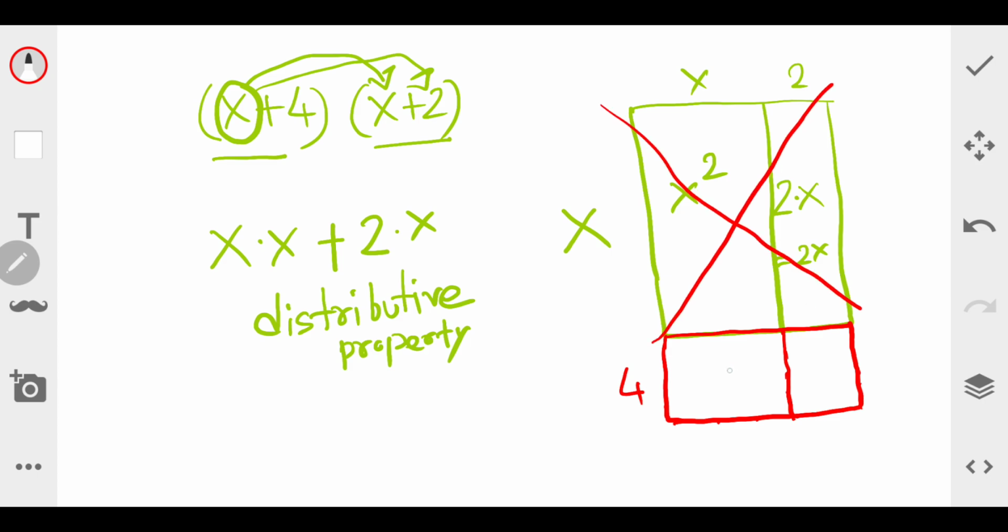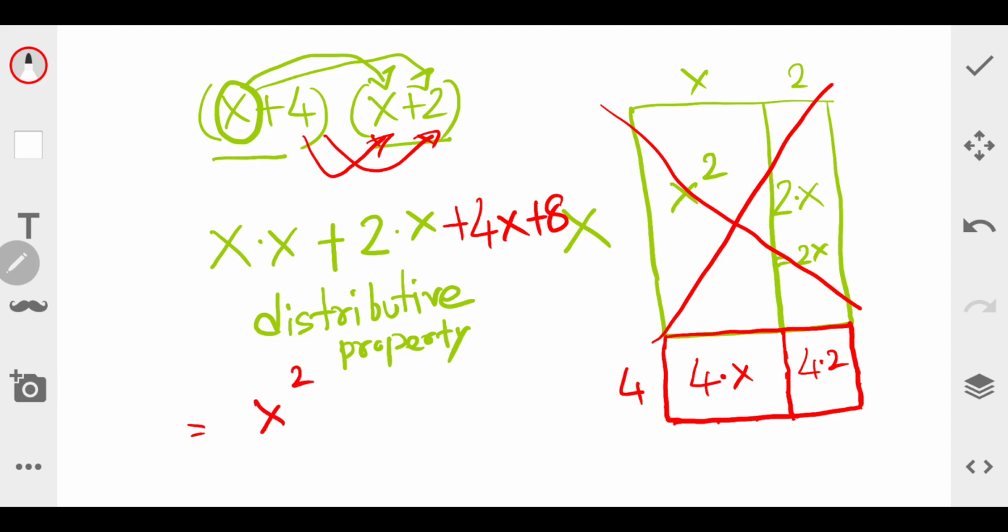Now we're going to do 4 times x, and then we're going to do 4 times 2, right? So let's write them together. We are doing 4 times x, which is 4x, and then 4 times 2, which is 8. If we simplify this, we get x times x, which is x squared, plus 2x plus 4x plus 8.